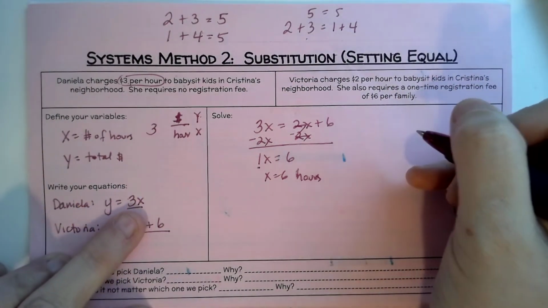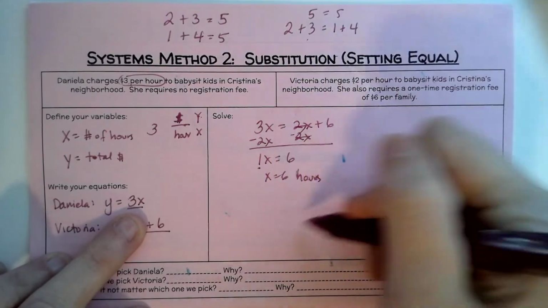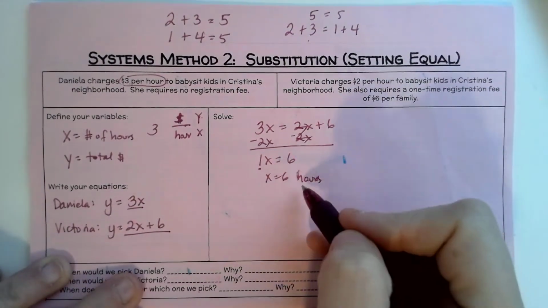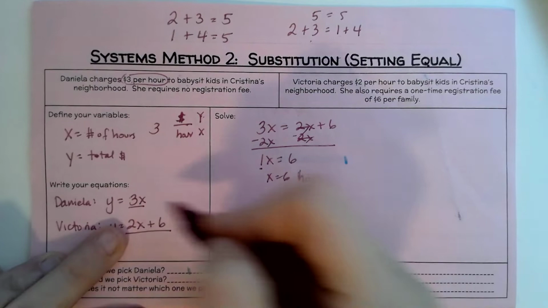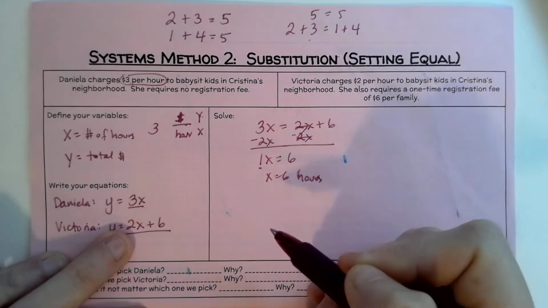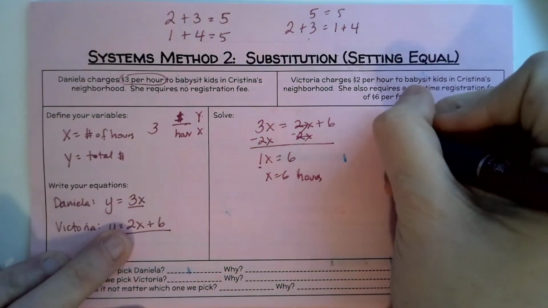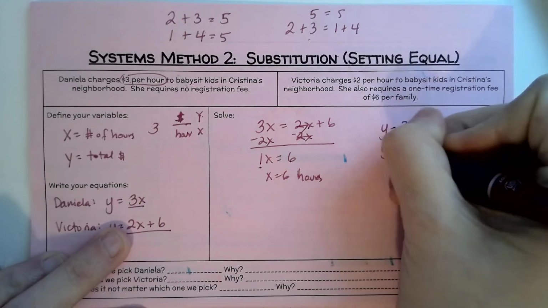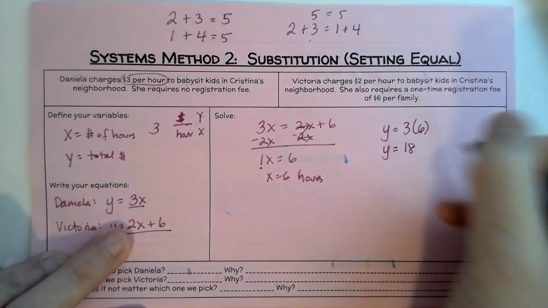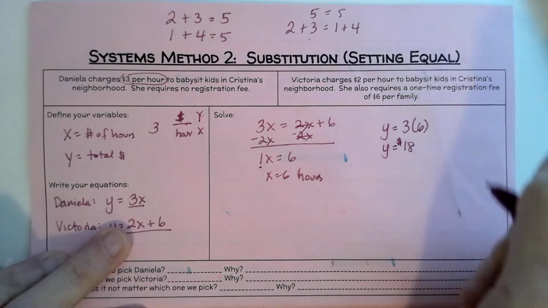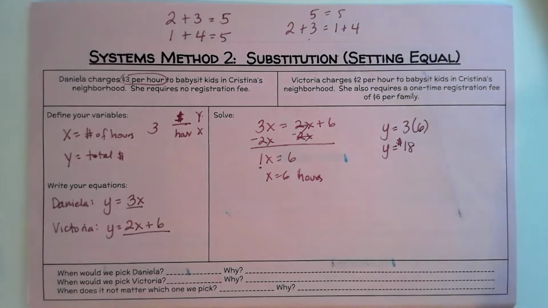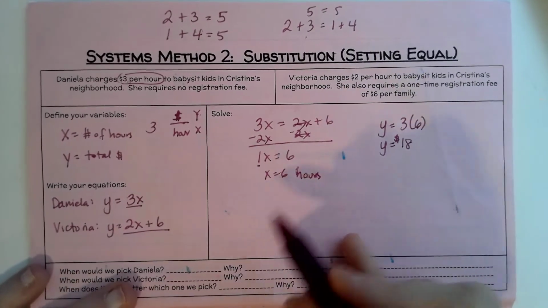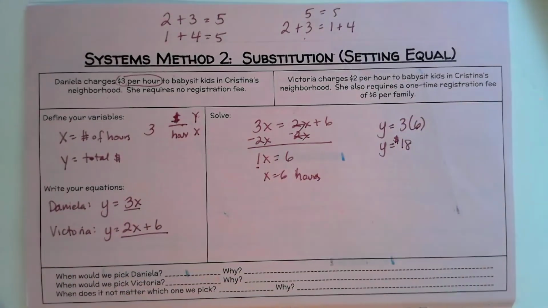So I'm going to go back to one of these equations. Once I find x, or whichever variable I find first, I'm going to use that to find the other one. So in 6 hours, how much is it going to cost? Well, if y equals 3 times 6, which is the number of hours, then the total cost should be $18. So what does this mean? At 6 hours, they're both going to charge $18.